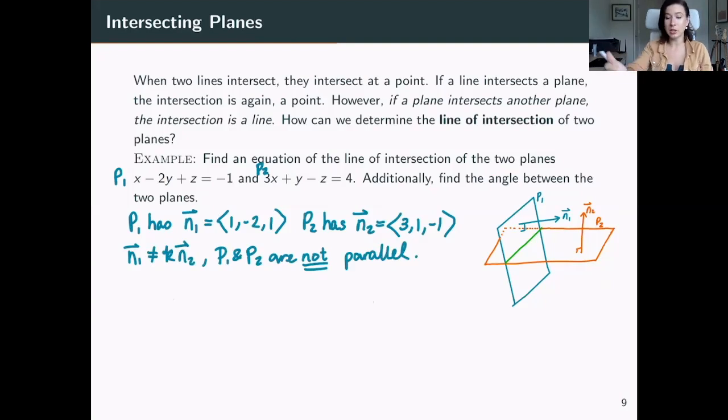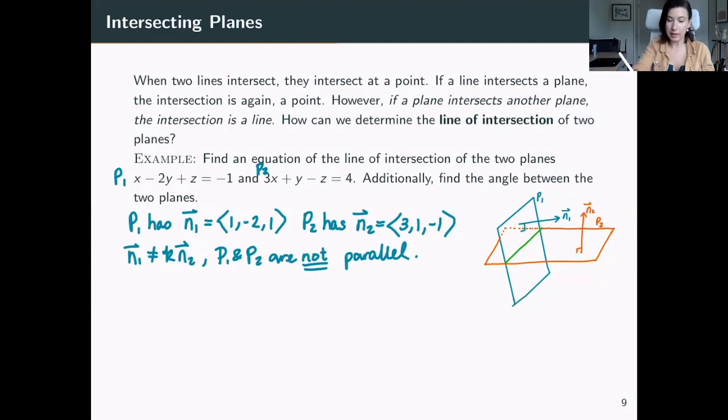In this image, notice that the line of intersection is on both the planes P1 and P2. So the normal vector N1 will be perpendicular to this line, and the line will also be perpendicular to my vector N2.